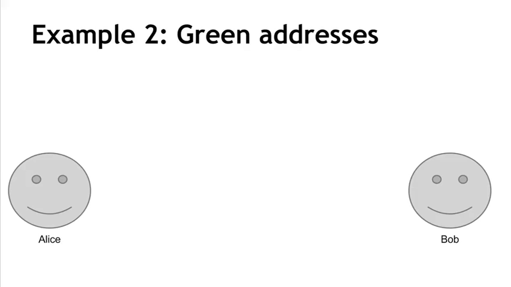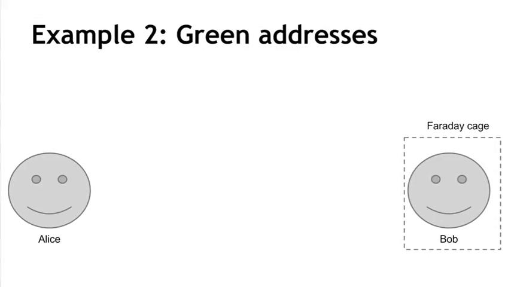Remember that normally we want a transaction to be in the blockchain and be confirmed by 6 blocks, which takes up to an hour before we trust that it's really in the blockchain. Or maybe Bob is just in a Faraday cage and doesn't have any connection to the internet at all, so Bob is never going to be able to check the blockchain. This would be the case, say, if Bob is a person selling food on the street.